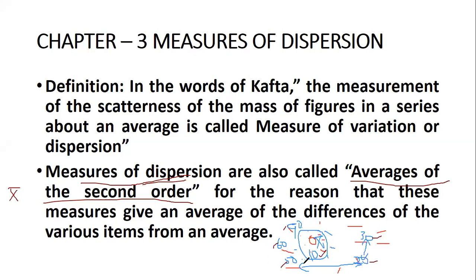So this is a measure of variation or dispersion. By the word itself, dispersion means dispersing, leaving from a particular system and being free. You are there everywhere. So that dispersion value we are going to calculate. That is measures of dispersion.